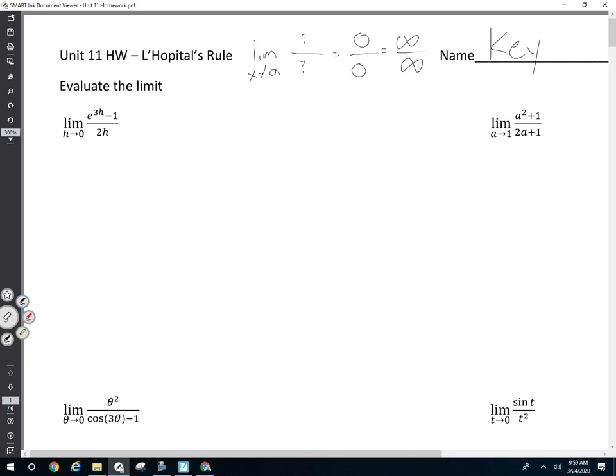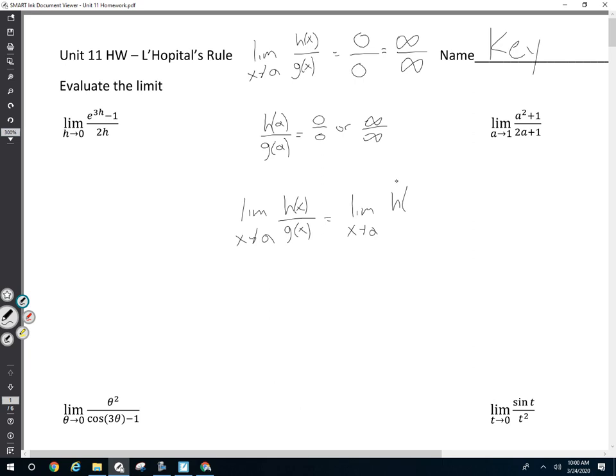But what L'Hopital says is, let's change this to f of x and g of x, or just random functions. If f of a and g of a is 0 over 0 or infinity over infinity, L'Hopital says to find this limit, you can just look at the derivatives of the two functions and see if you can evaluate these at a.